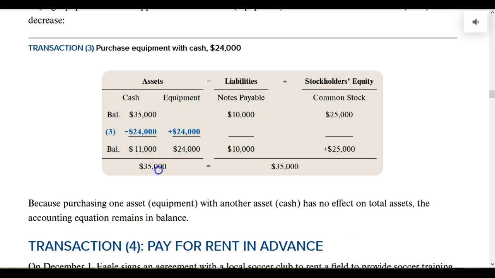So $35,000 on the asset side still equals $35,000 on the liabilities and stockholders' equity side. So very important here, you don't have to have part of the transaction on both sides, but you can have both accounts on one side of the equation, and it'll balance out. -24, +24. Nets to 0, so the total balance before, 35, equals 35 after.